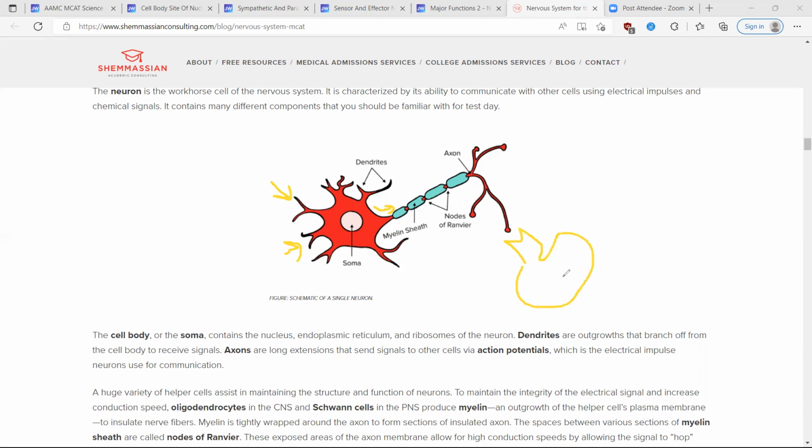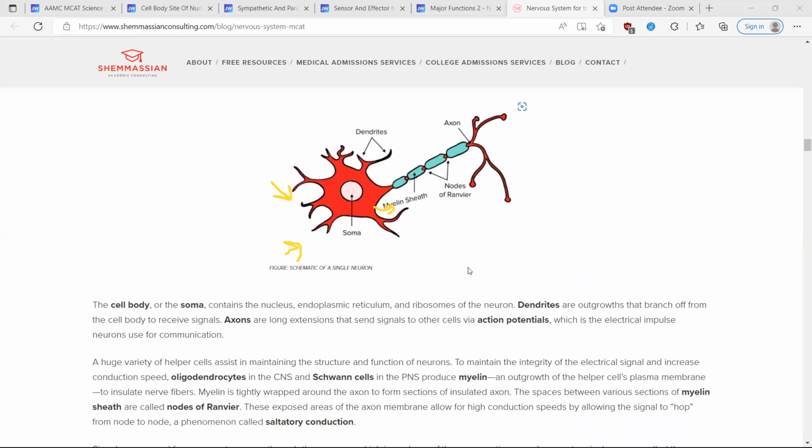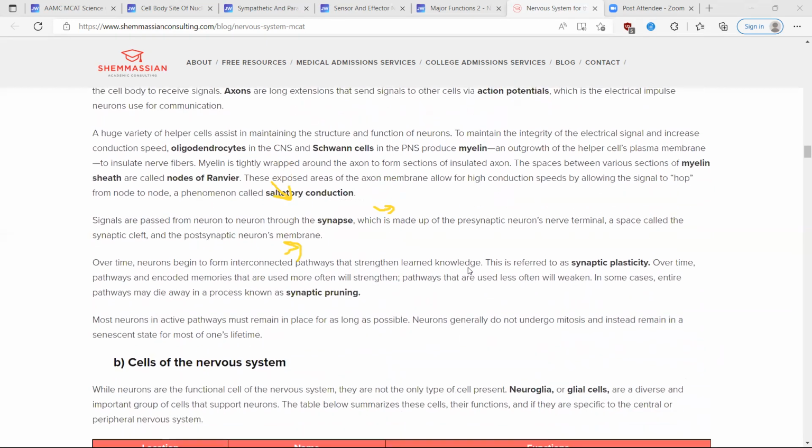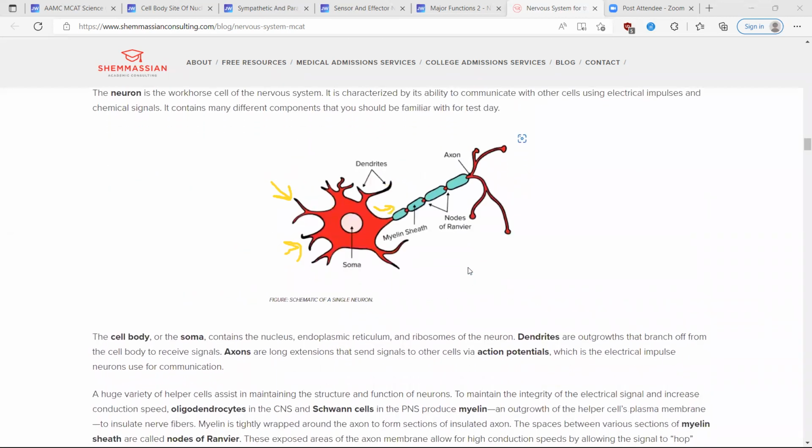I'm just going to draw a crappy cell. We're going to talk more in depth about the action potential, but essentially there are some unique features here that help the electrical signals go down.